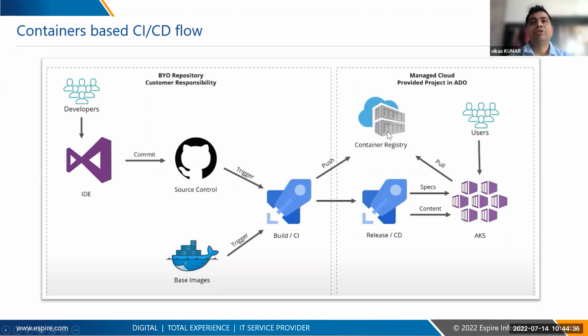And as soon as you push into the container registry, update the Docker JSON file over here, and it automatically triggers the release pipeline that says, okay, a new thing has come, so now I have to deploy. So AKS automatically pulls it from the container registry and deploys onto the AKS. So that's how your overall code goes into the AKS.